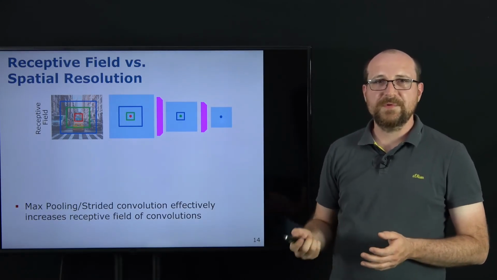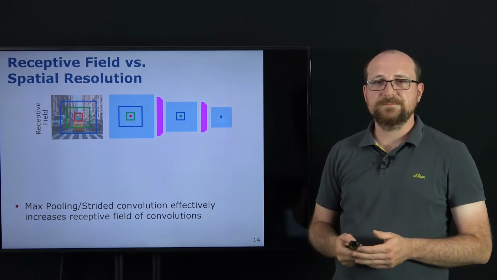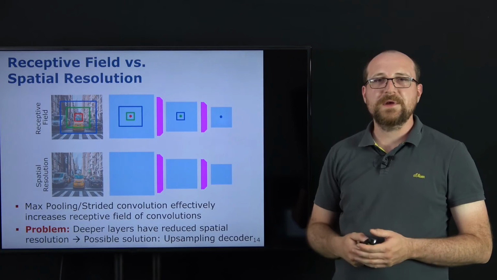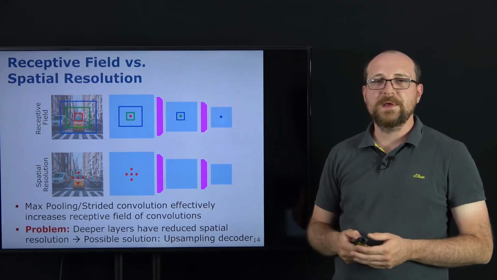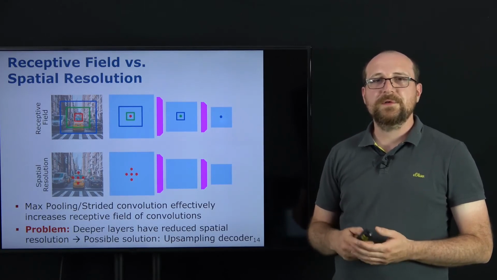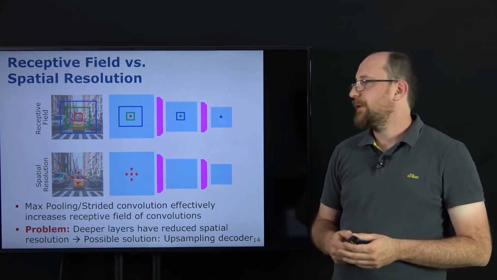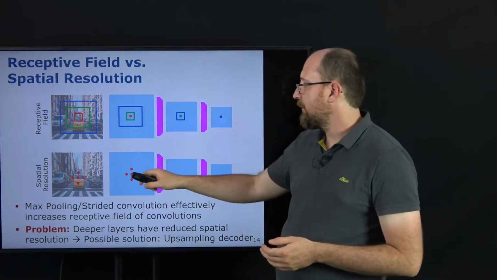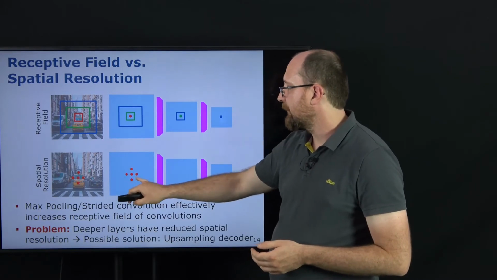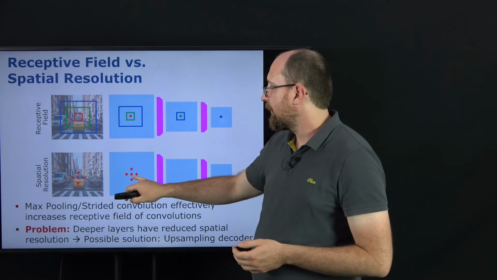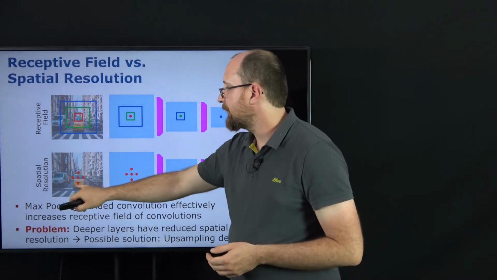But this comes with a downside. When we are looking at neighboring entries in the feature maps, these correspond to different spatial locations in the original image. The initial convolutions are applied densely on the original image like this.